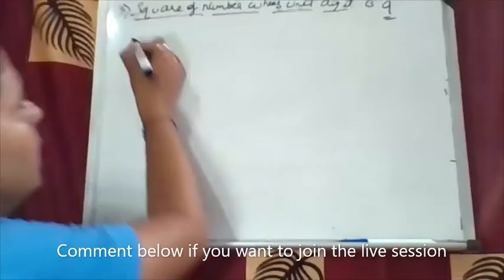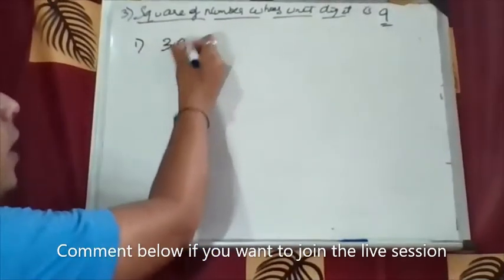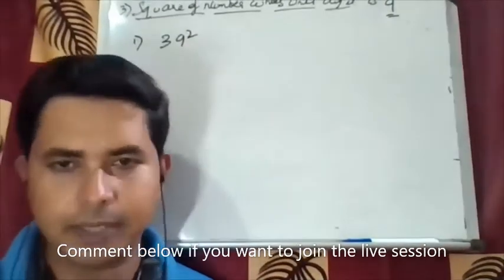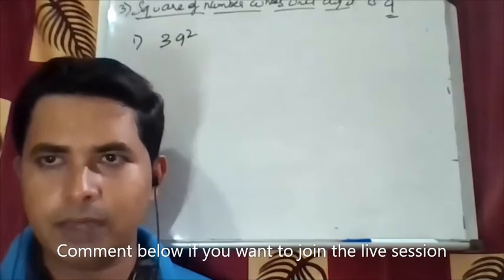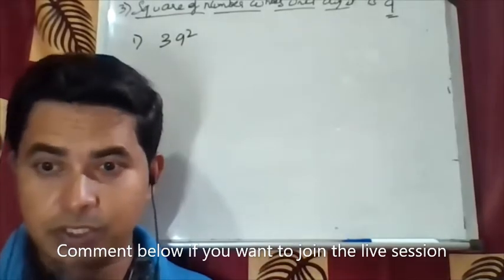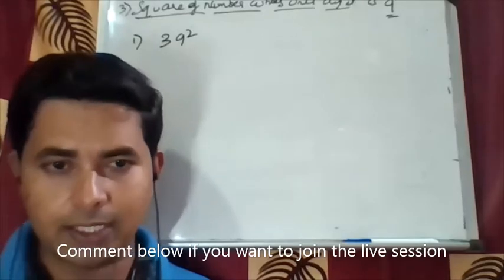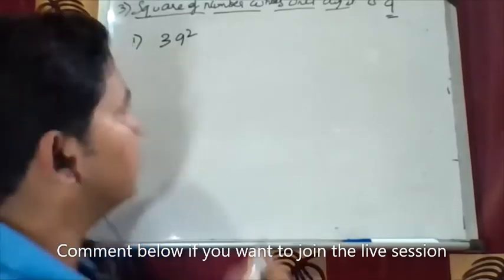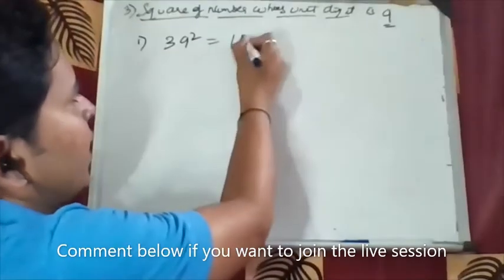For example, I have to find the 39 square. Same here, find out the base value. What is the base value here? 40, the nearest number whose unit digit contains 0, that is the base number. So here the base number is 40.